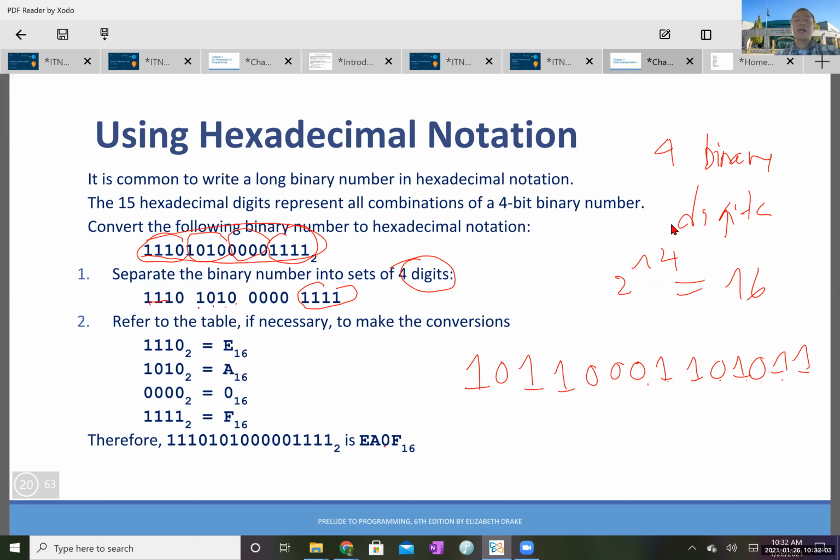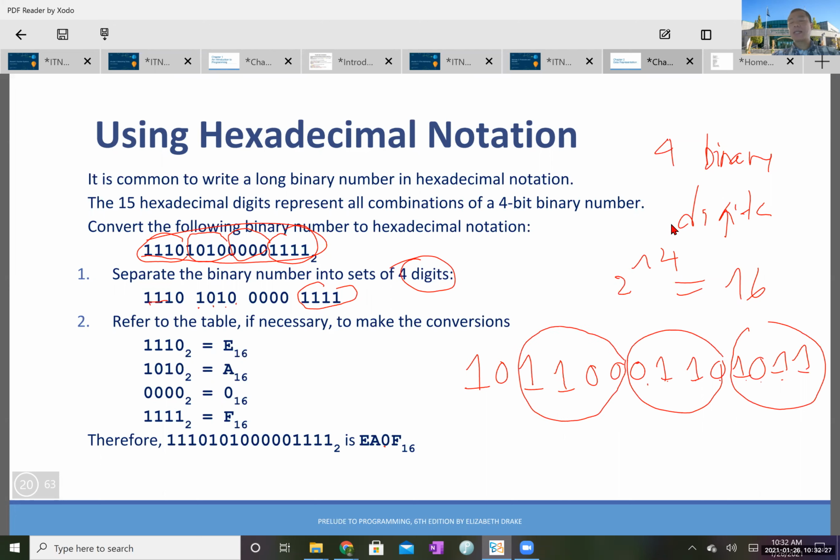Okay, so now if I want to convert this one to hexadecimal, what do you think? What do I have to do? Remember that you only have to work from the right to the left here and group every 4 digits together, right? So we have this one group here. You have this one group here. You have this one group here, right?